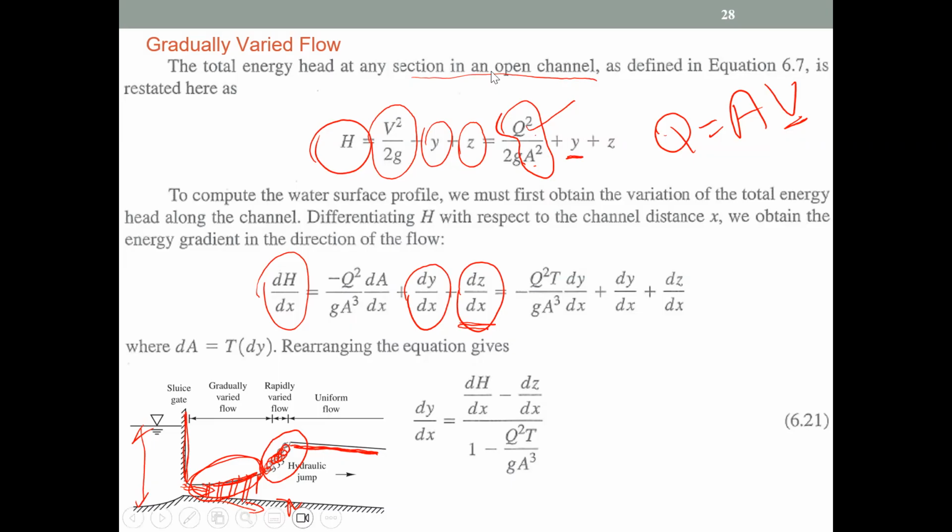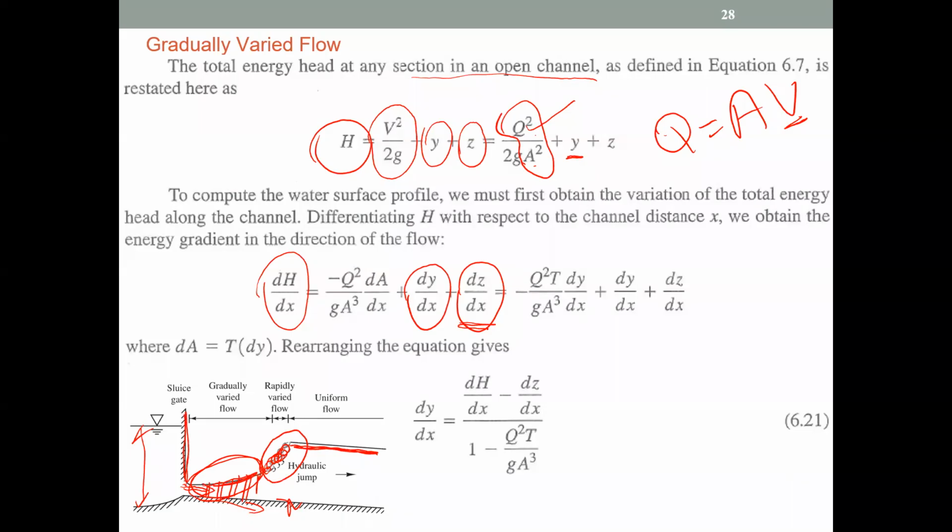You can put the answer on the chat box, or you can speak. Elevation change with the x. What is it? That is the slope. Yes, exactly. That is the slope, right?